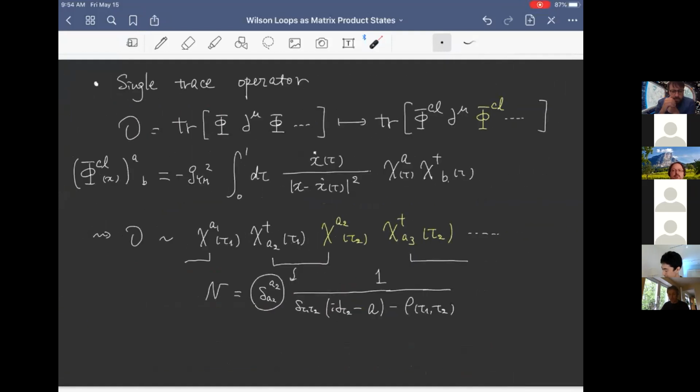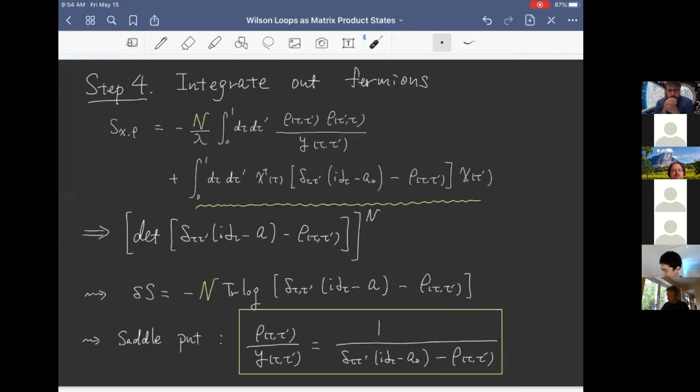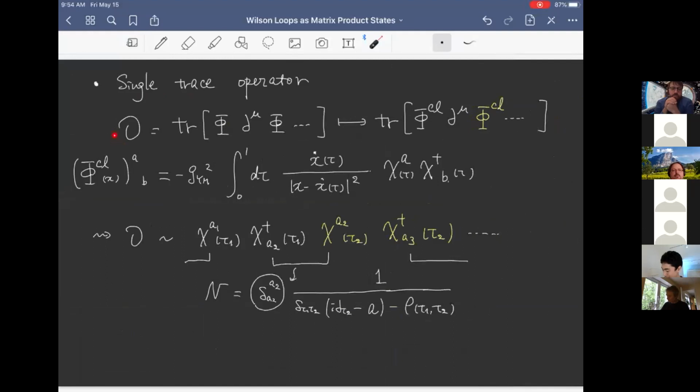All right, but I also still need to remember one thing. I was not just considering the Wilson loop, I was also inserting the operator. As I was saying, after the first step you replace phi with phi classical, which is a bilinear in fermions, so I wrote it explicitly. Then if you integrate out fermions, I also need to do the Wick contraction of fermions. But it turns out in the large N limit, this Wick contraction is very simple. Basically, you just need to Wick contract the neighboring fermions inside a single trace operator.